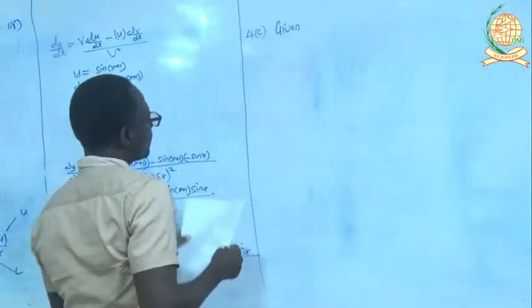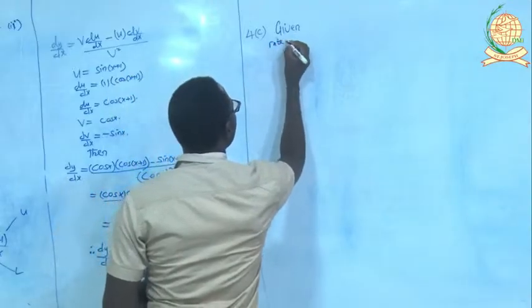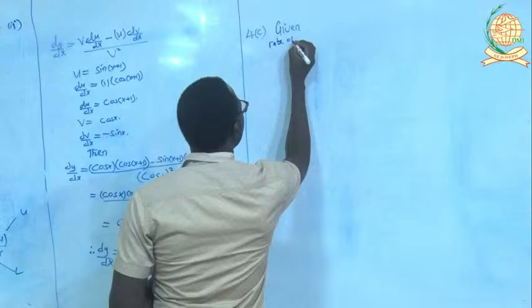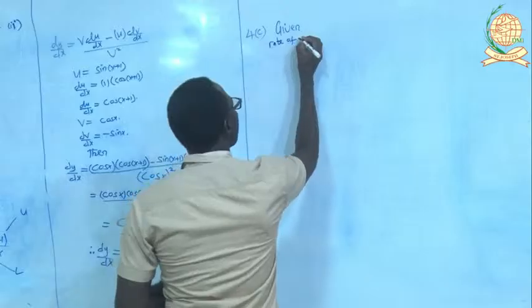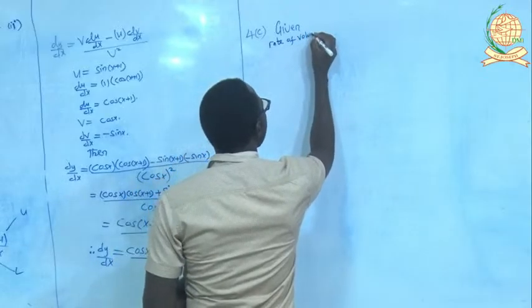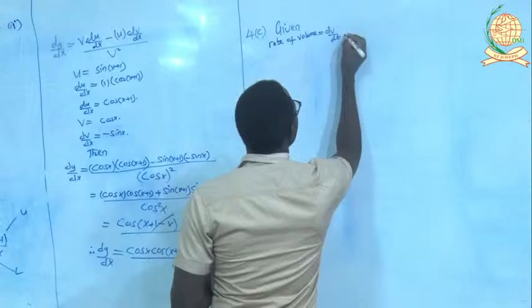What we have here, we have the rate of change of volume. Rate of volume, it is dV over dt.